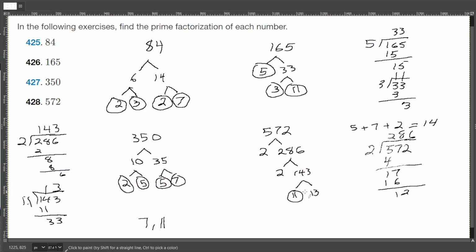Now these are prime. So this one's probably the trickiest one. But don't freak out. If you can do some of these harder ones, it's okay. Stick with the basic ones. It's a little bit trickier when we're not given 0 in the ones position, right? When we're given 0 in the ones position, we can break things down by 10 super quick and chop a number down like nothing.